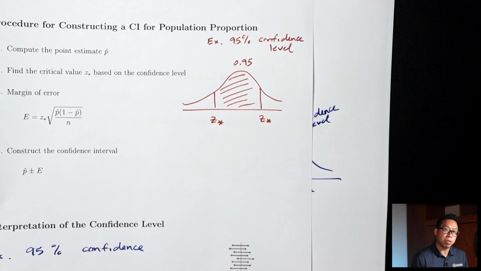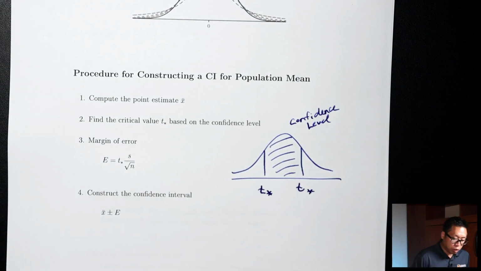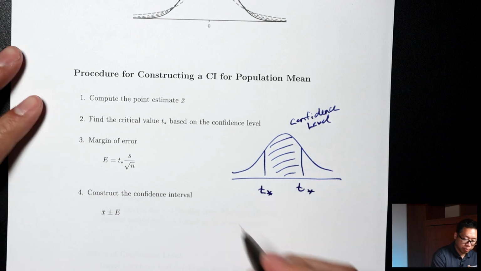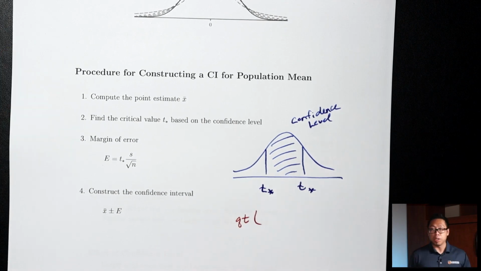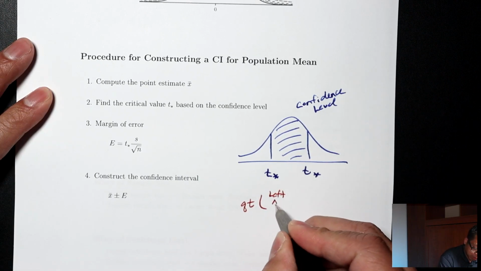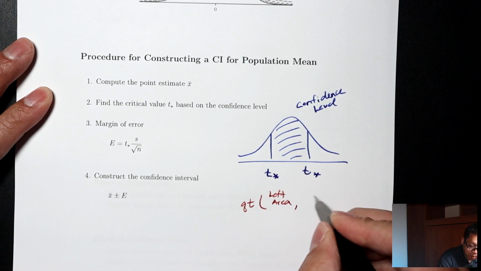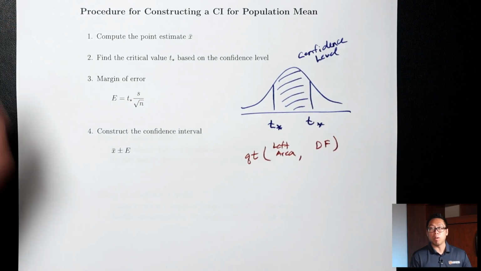And what we entered into R was qnorm, left area. For the t-distribution, to get the t star, we're going to be doing qt in R. And for qt, you have to enter a left area and something that I'm going to call a df. And df stands for degrees of freedom.